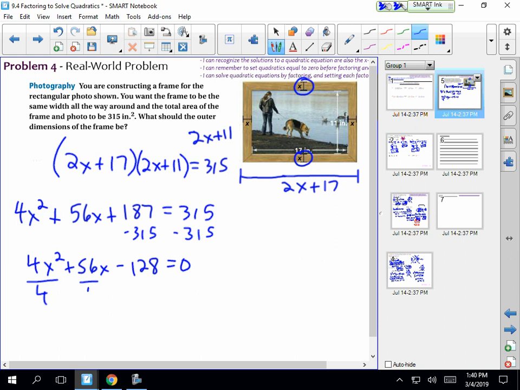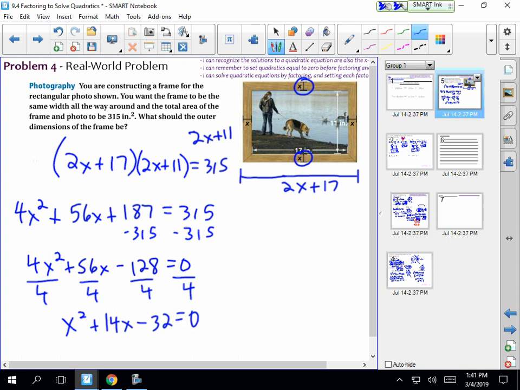So I can divide through by 4 here. And if I divide the right-hand side by 4, I get 0. So basically, this simplifies to x squared plus 14x minus 32 equals 0. The difference between this and what we've done before, what's that? 187 minus 315.